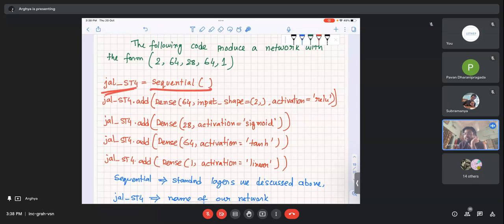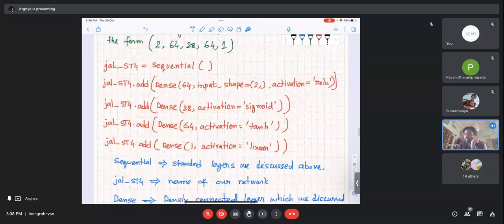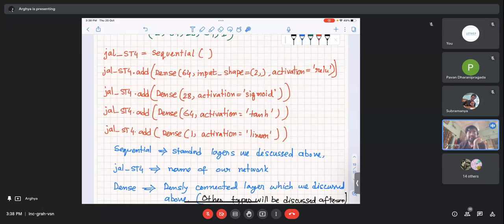You write Sequential like this, and sequential means standard layers, as we have discussed, where adjacent layers are connected. You can have different topologies for these layers, but we are not going there. You can play around with all these things, but right now I just want to discuss a very basic neural network.